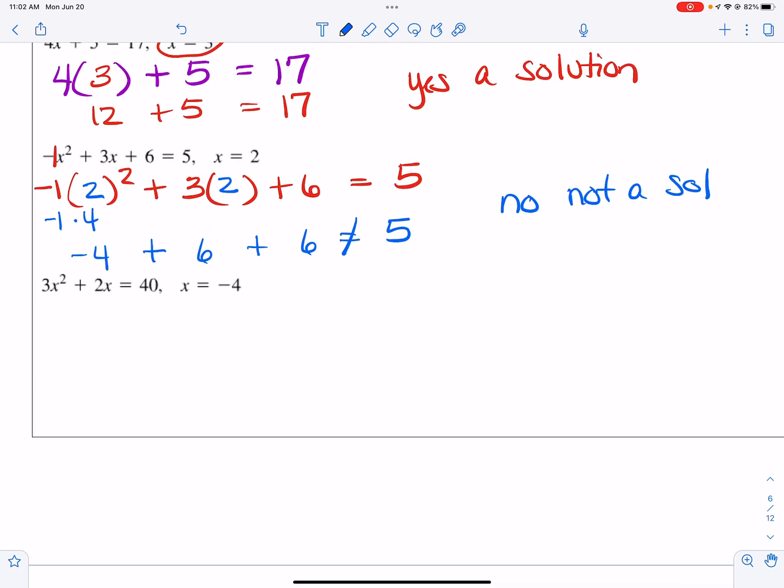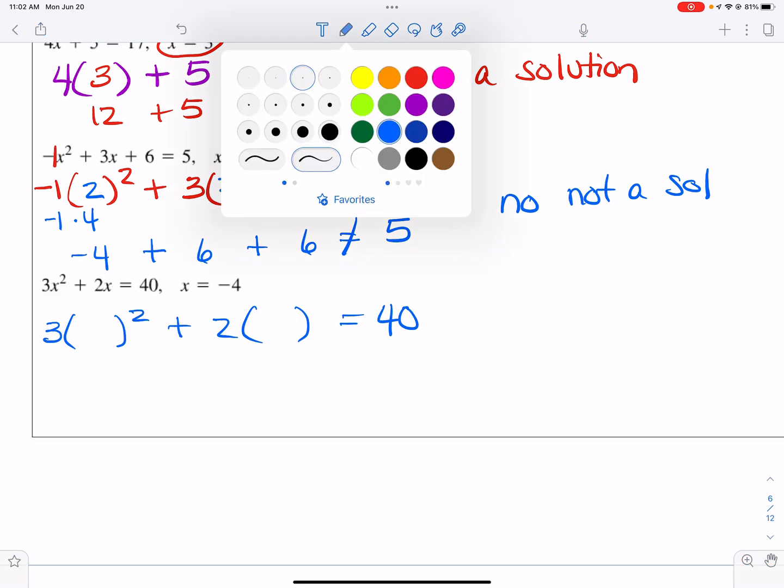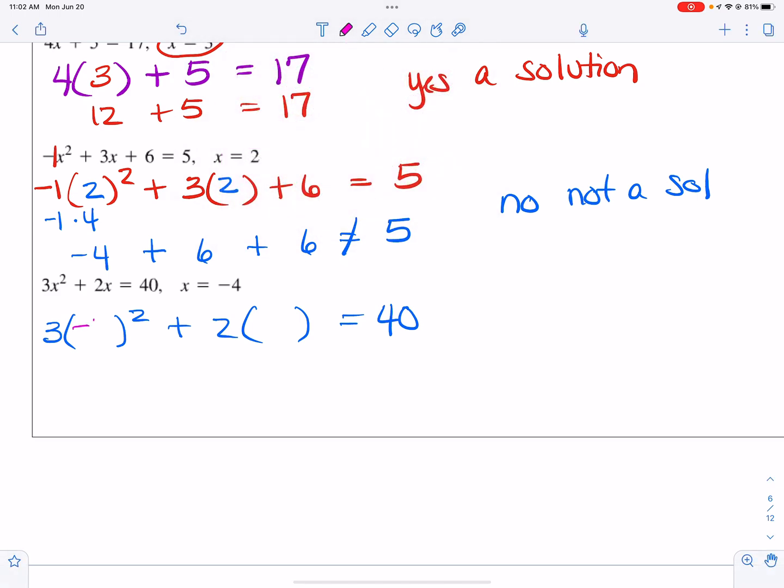And then the last one, we do 3 parentheses for x squared plus 2 parentheses for x, and I want to see if that equals 40 when x is -4. So -4 squared is 16 times 3, which is 48, plus -8, and 48 plus -8 does equal 40.